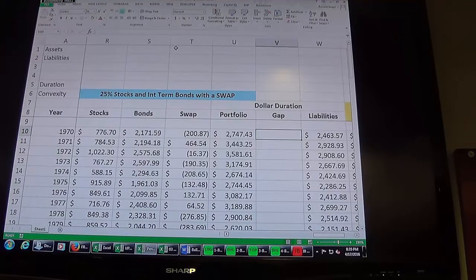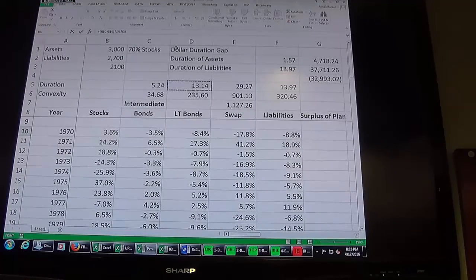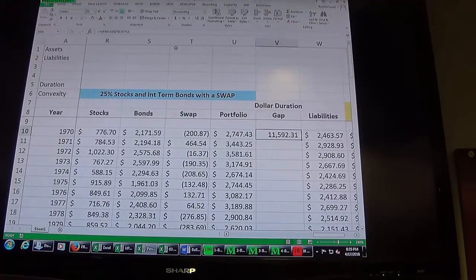But our portfolio is our stocks plus our bonds. And we have 75% in bonds, and the duration of our bonds is 5.24. So there's a dollar duration of our assets, right?